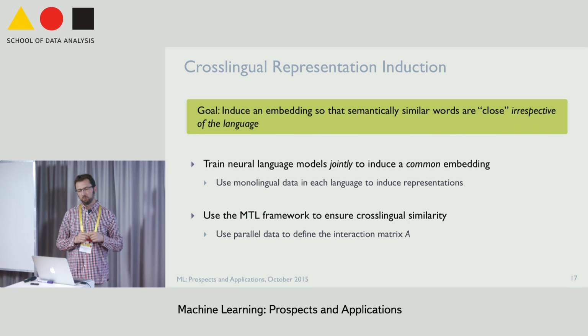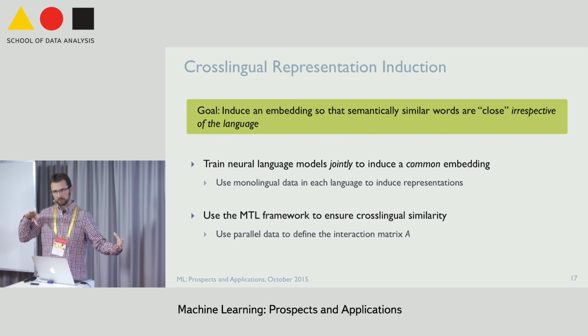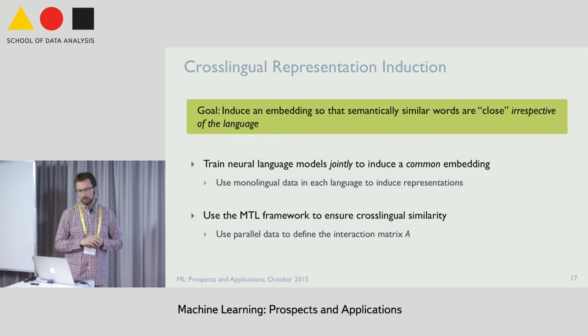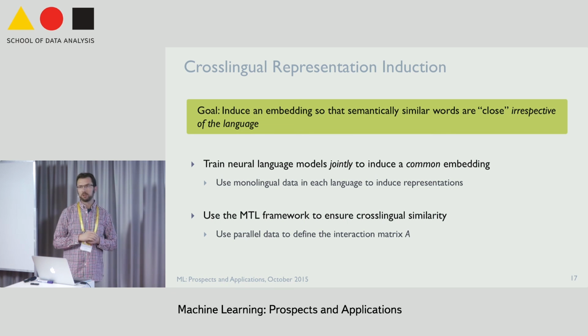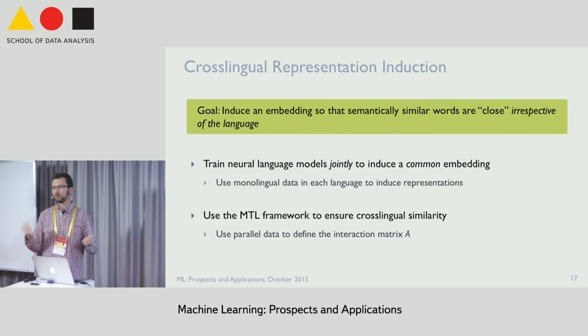And then we'll use the extra multitask learning regularizer to make sure that the embeddings we induce get bridged across the 2 languages as we train. And we'll use this interaction matrix A, which I defined a few slides ago, to tell us about relatedness of words across the 2 languages as we learn.